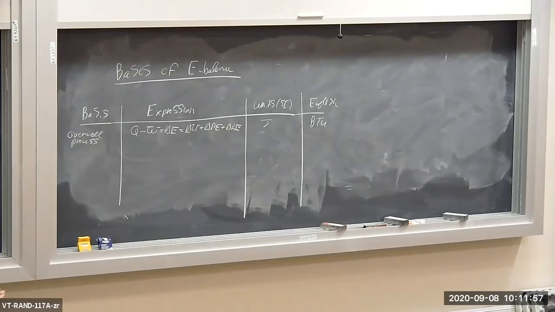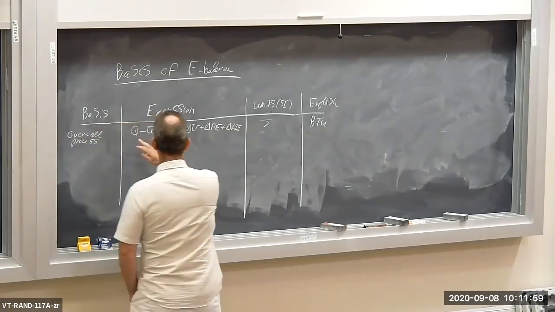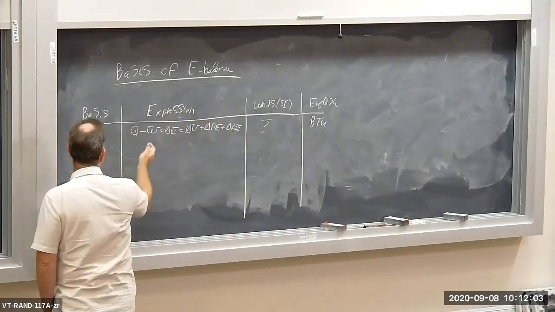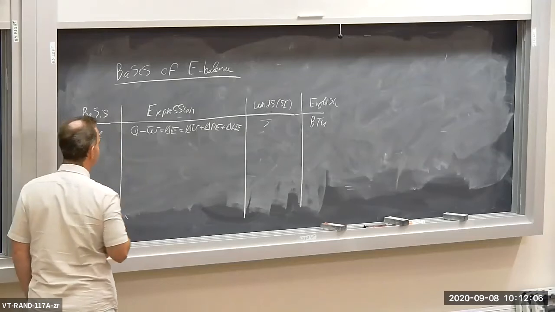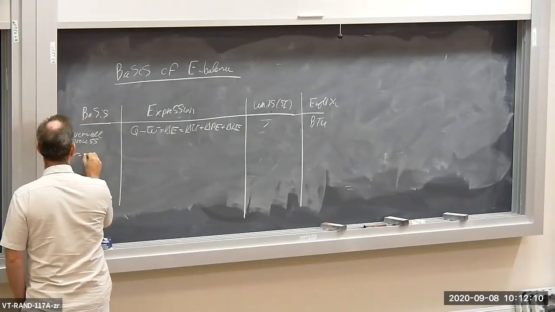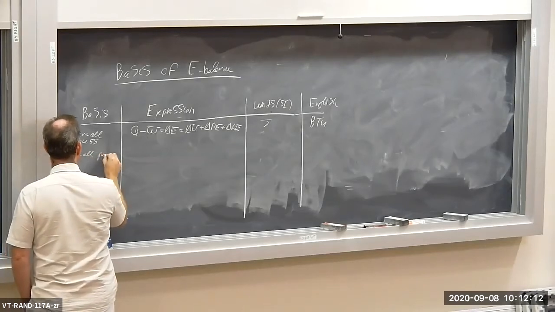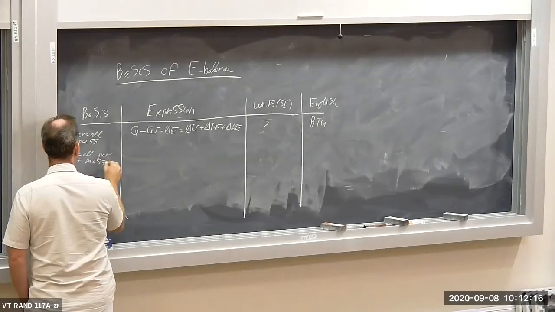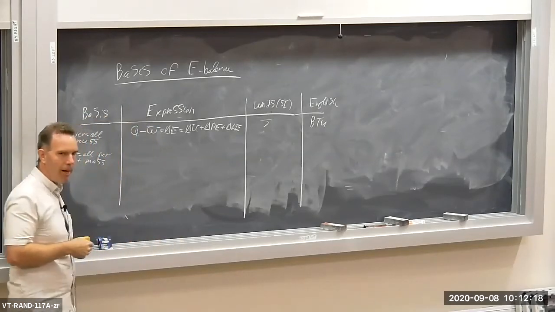Now, I can divide this whole equation for the overall process by mass, and everything becomes lowercase or specific quantities. So I can do overall per unit mass. I just divide every term by mass.